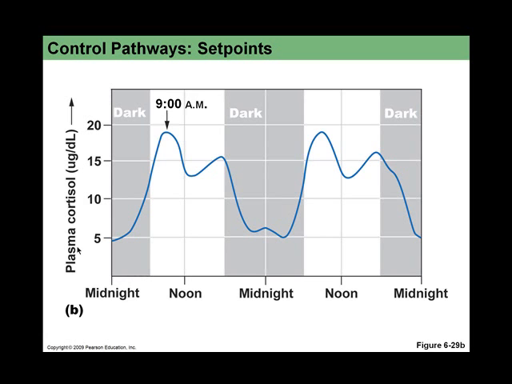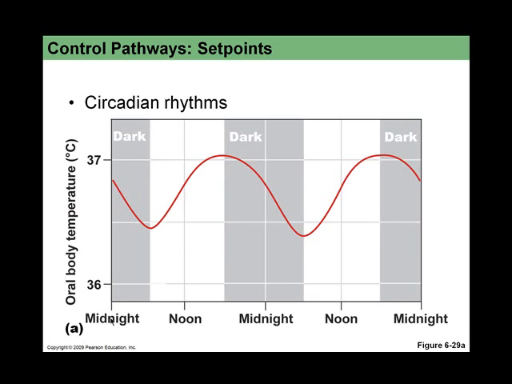Continuing with this idea of set points and rhythms, we can use plasma cortisol as an example. Notice the units of plasma cortisol are micrograms per deciliter. Again, each time we want to take a look at the x-axis and y-axis.